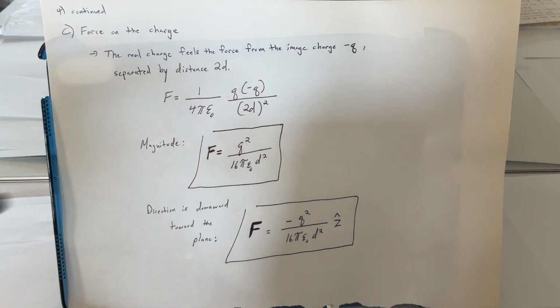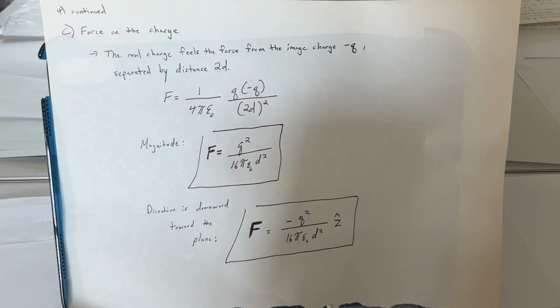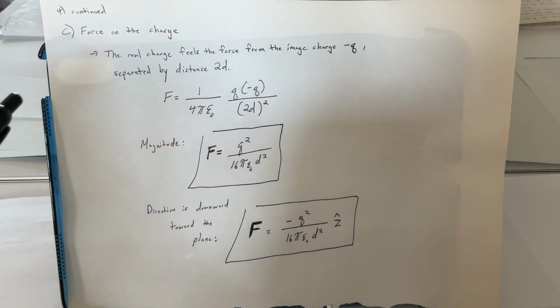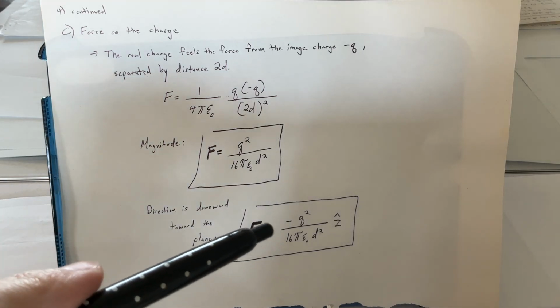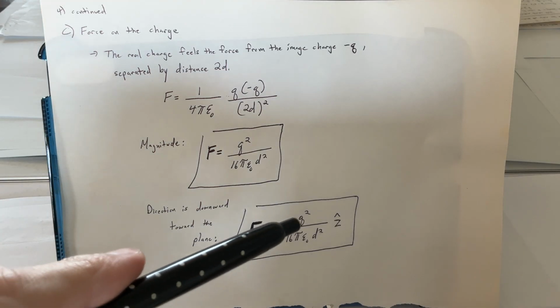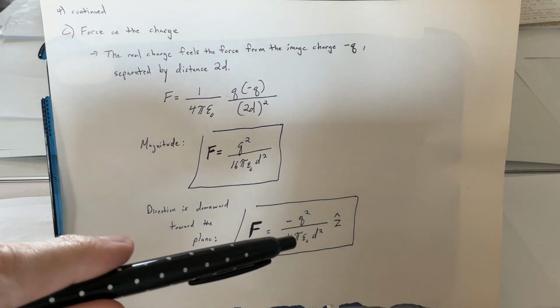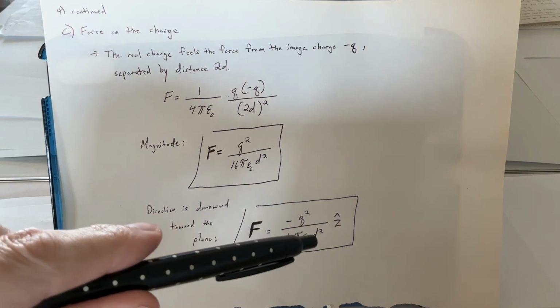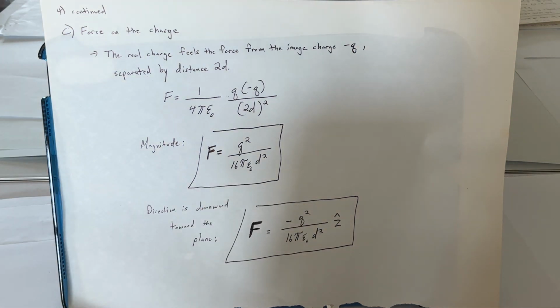The magnitude of the force is q squared over 16 pi epsilon naught d squared. Remember, the direction is downward toward the plane, so F is negative q squared over 16 pi times the permittivity of free space times d squared times z hat. That takes care of number 4.